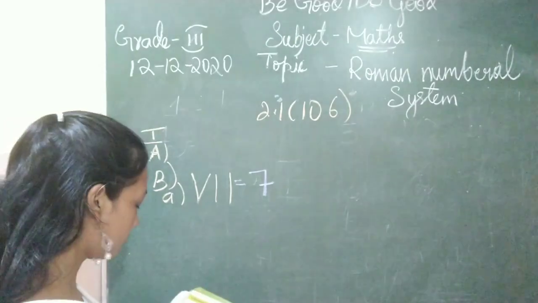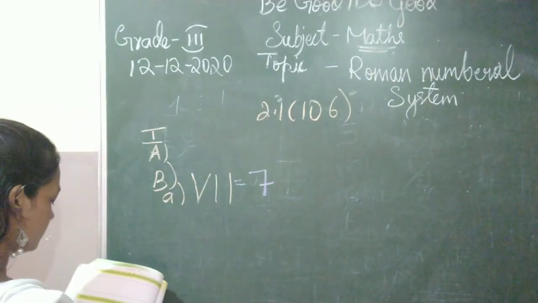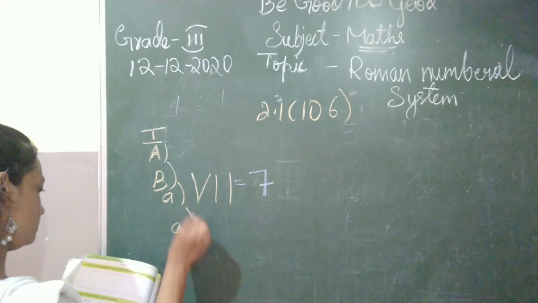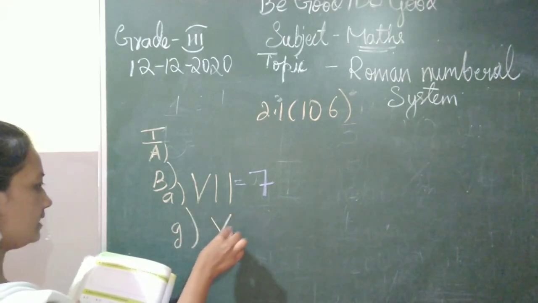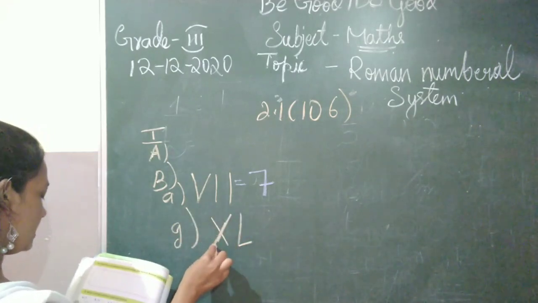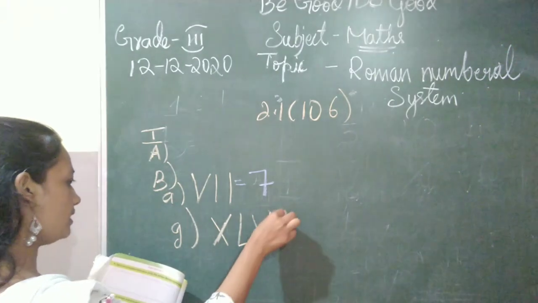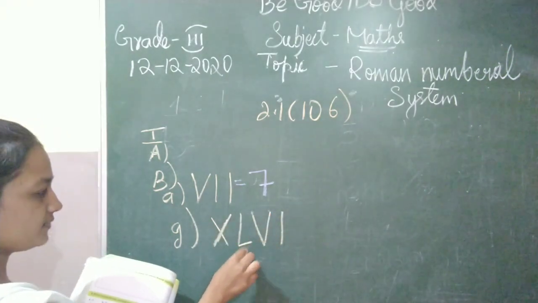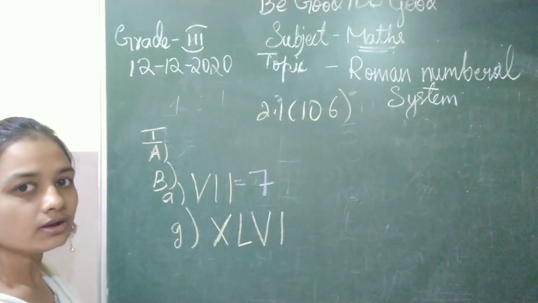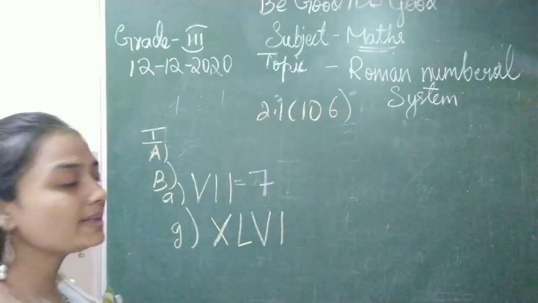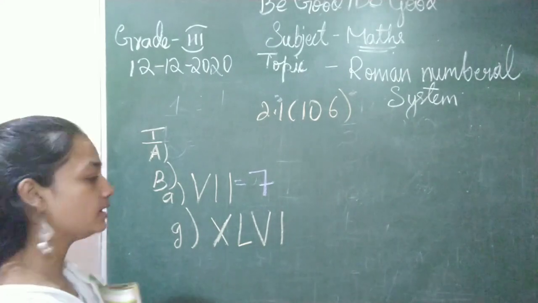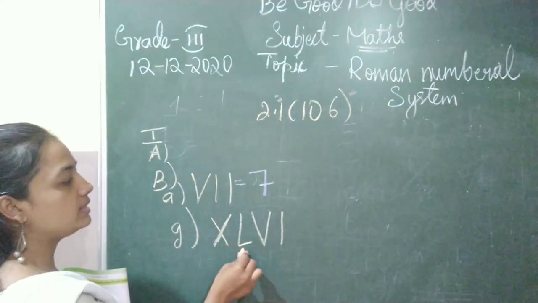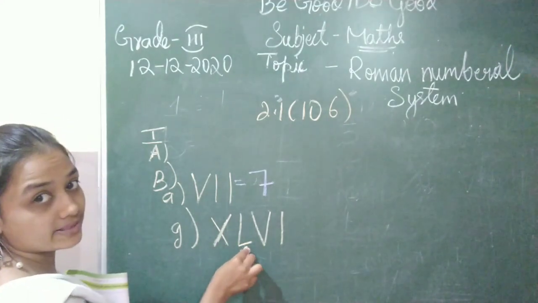Next, I take G1. I have 10 plus L, 50. Do you do that like that? No, children. You should always see the greatest number symbol. Which is greatest number in between this? 50 is greater than 10.